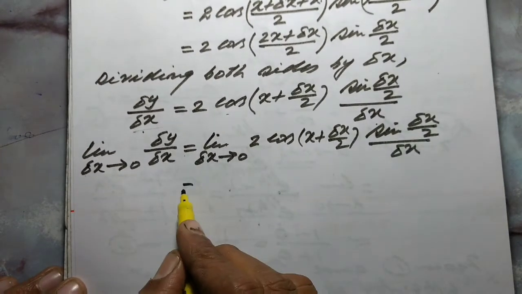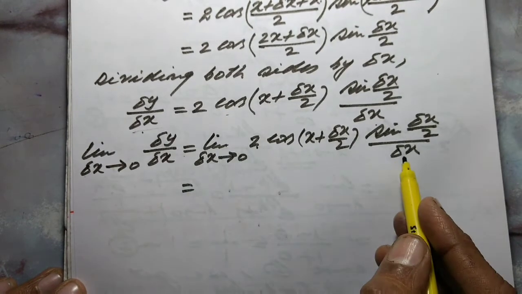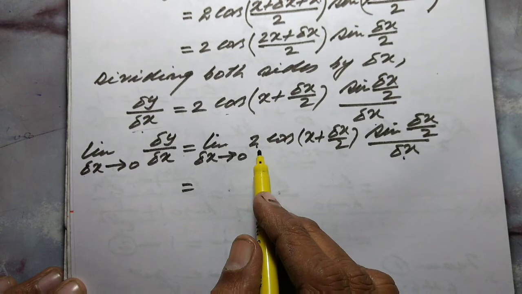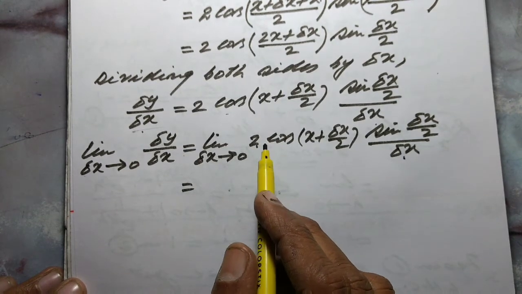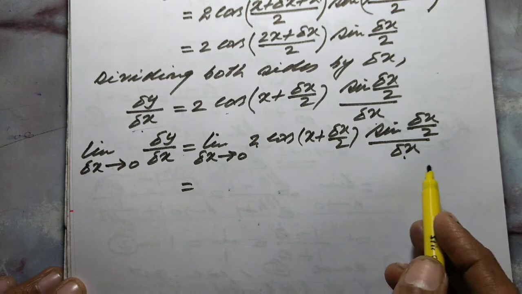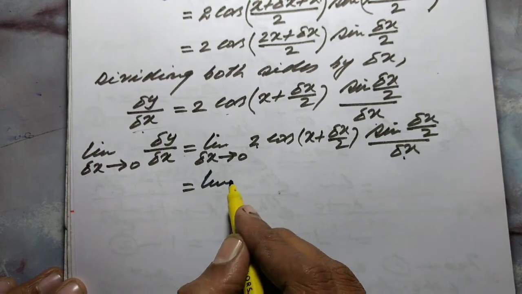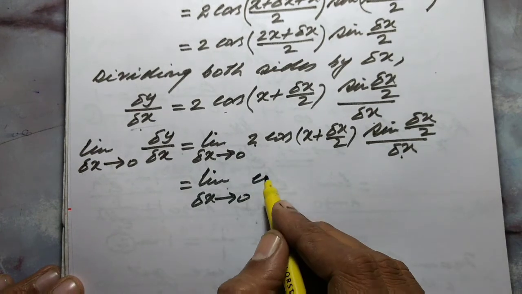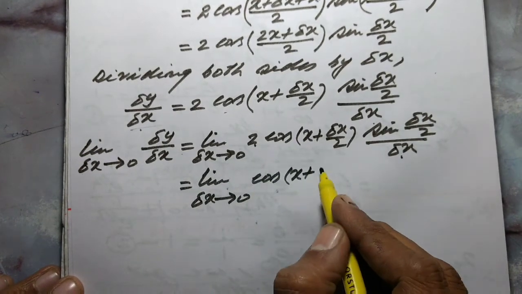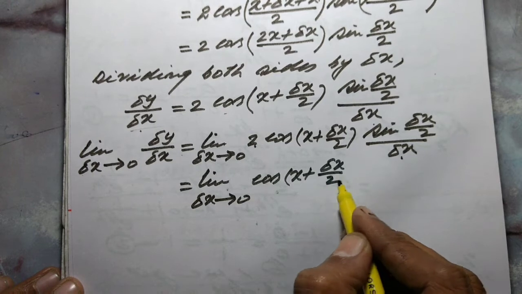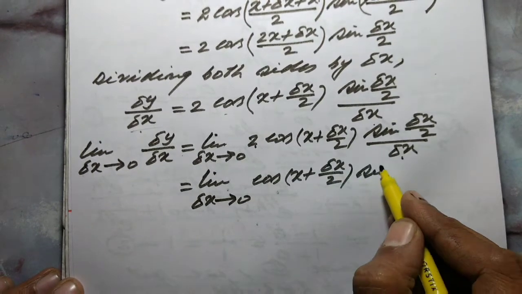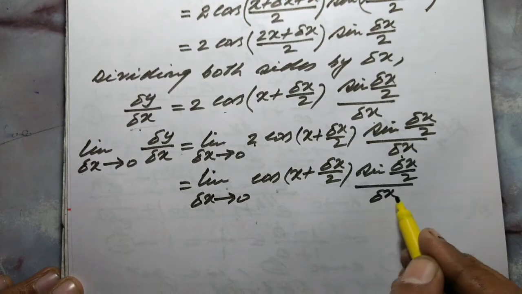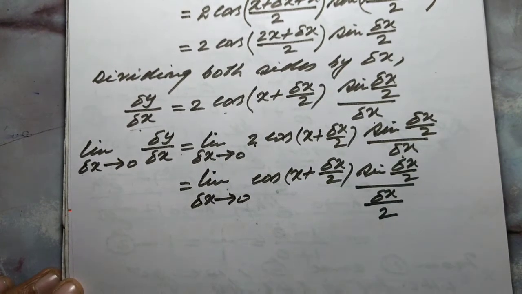Now you can see this 2 can be written in the denominator of delta x, because any number or expression can be shifted from the numerator to the denominator of denominator. So we have limit delta x tends to 0 cos x plus delta x upon 2 into sin delta x upon 2 divided by delta x upon 2.